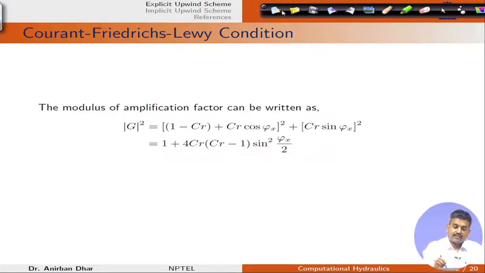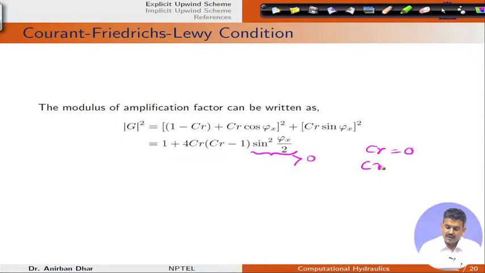In this case, the important point is that this quantity is always positive. Now, as per our condition, G mod square should be less than or equal to 1. If CR equals 0, then we have 1.